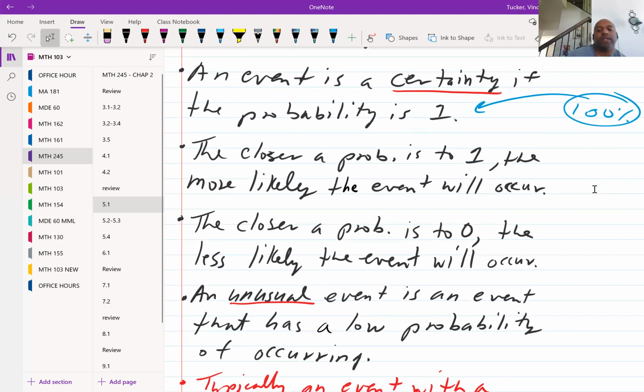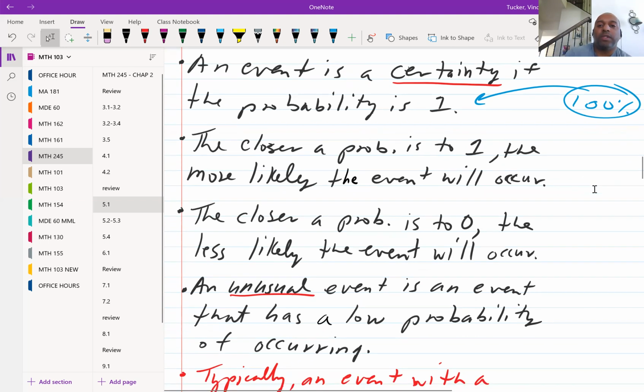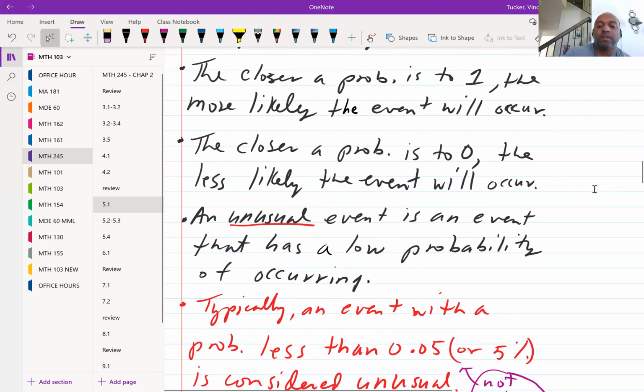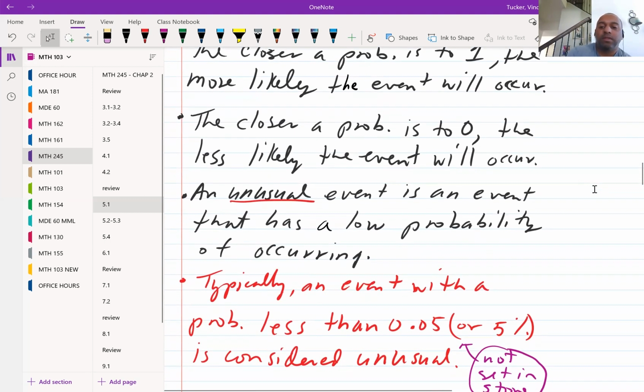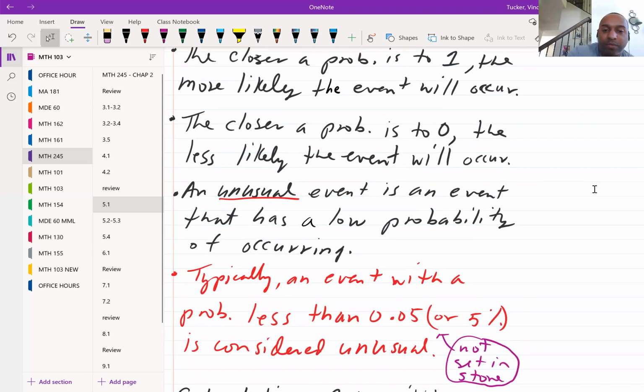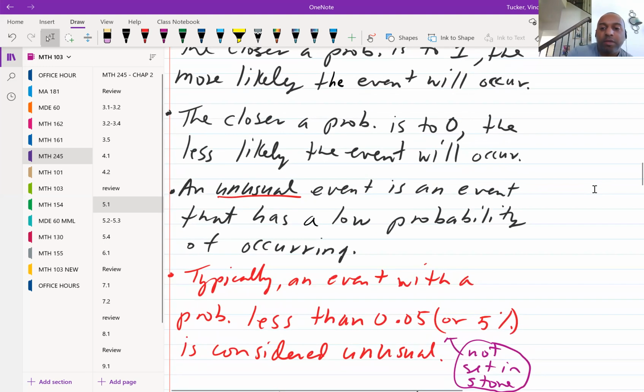An unusual event is an event that has a low probability of occurring. Anybody holding on to the certainty? Typically, an event with probability less than 0.05, or 5%, is considered unusual.